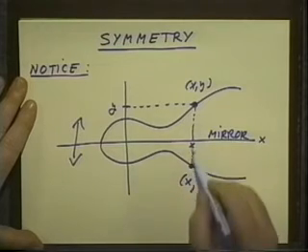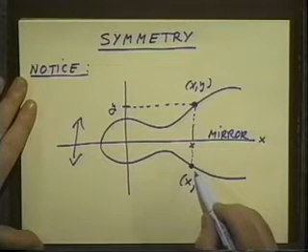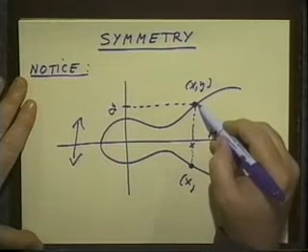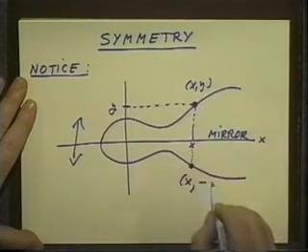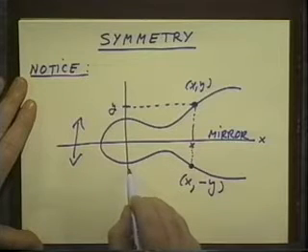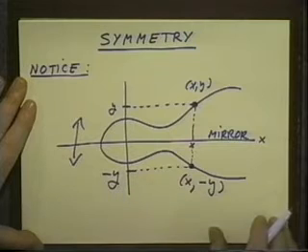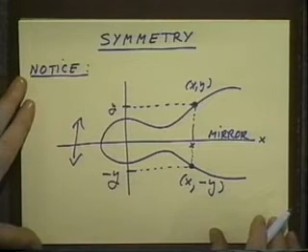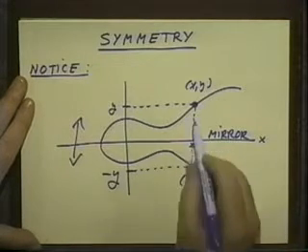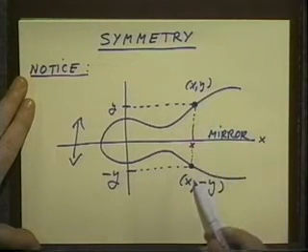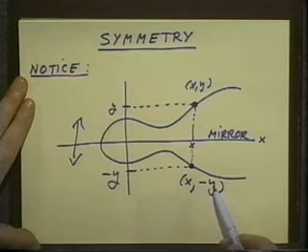But since I have symmetry across the x-axis, if I've drawn this correctly, then it goes down the same distance it went up, which means the point here is x, minus y. Well, that seems to be the key to recognizing this kind of symmetry. x, y lies on the curve if and only if x, minus y lies on the curve.